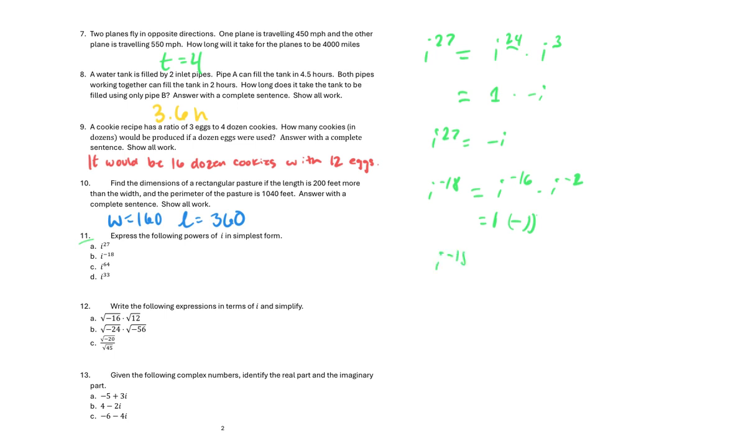So i to the negative 18th is equal to negative 1. i to the 64 is already a multiple of 4, so we get 1. And i to the 33rd is i to the 32nd times i, which is equal to i.